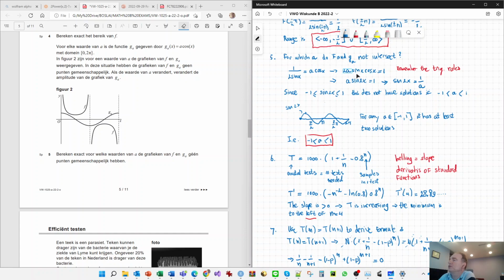So you use that 2 sine x cosine x is equal to the sine of 2x. So you get a times sine 2x equal to 1. So sine 2x is 1 over a. So if x satisfies this equation, then there are intersections.